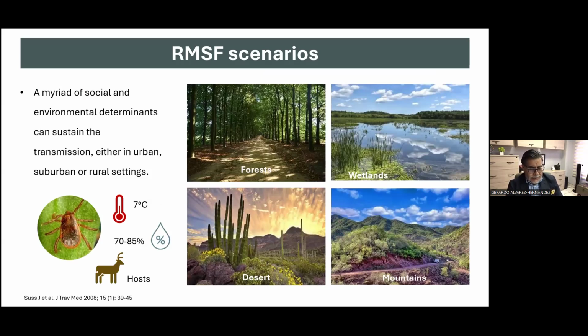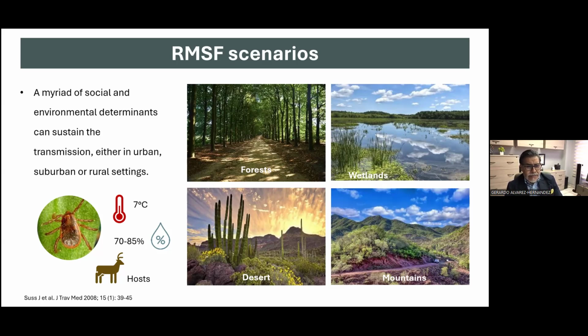The disease can occur in a variety of settings that includes forests, deserts, mountains, wetlands, and in these scenarios, a myriad of social and environmental determinants can sustain its transmission either in urban, suburban, or rural settings.